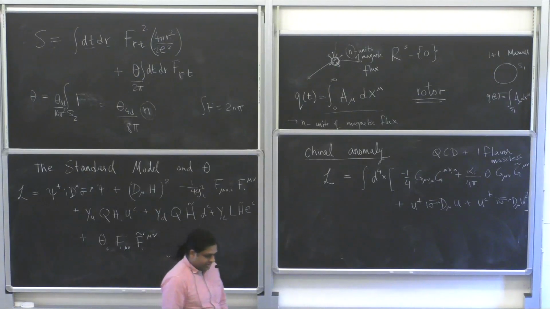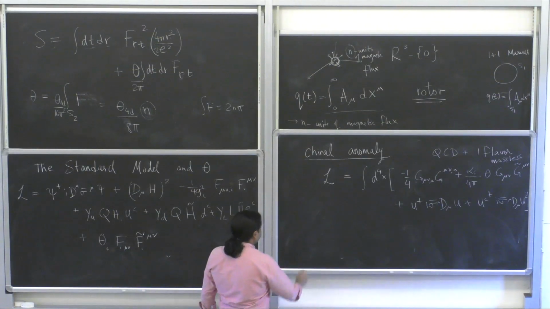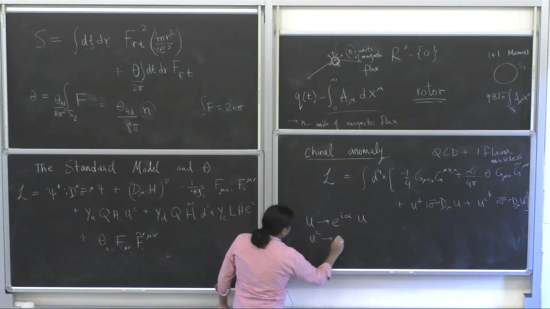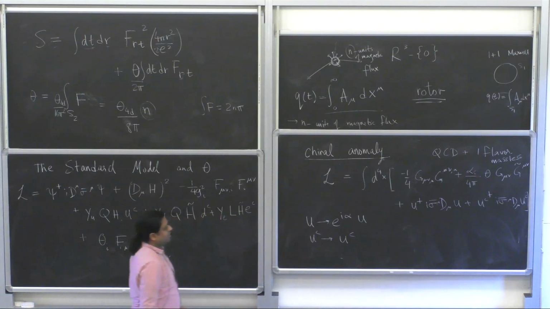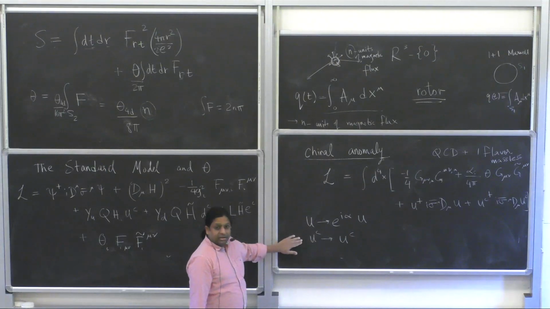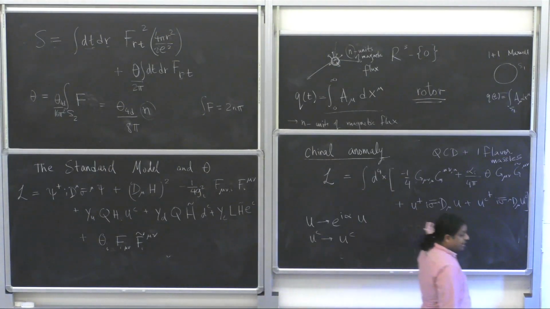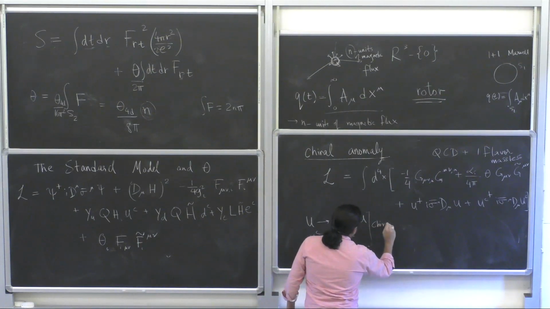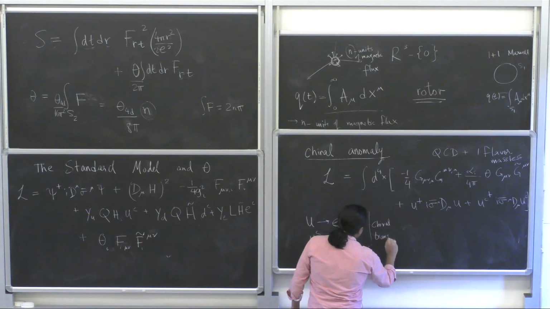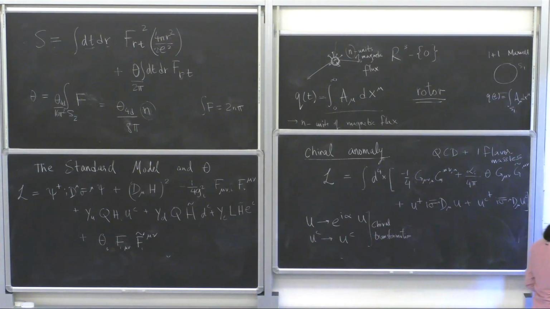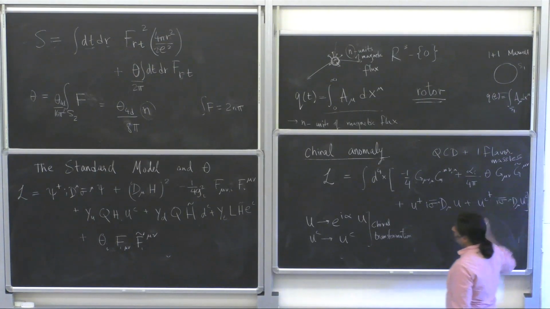And so this theory seems to have independent phasing symmetries of u and u conjugate. So for example, we could do a phase rotation of just u and not u conjugate, and the Lagrangian at least seems invariant under this rotation. This is an example of a chiral transformation. But this transformation, even though it looks like it leaves the Lagrangian invariant, is actually anomalous, and so it does not actually leave the partition function invariant.